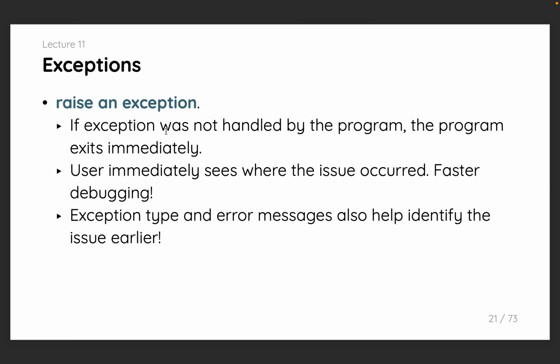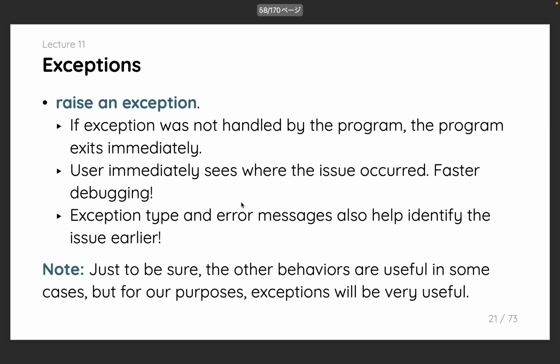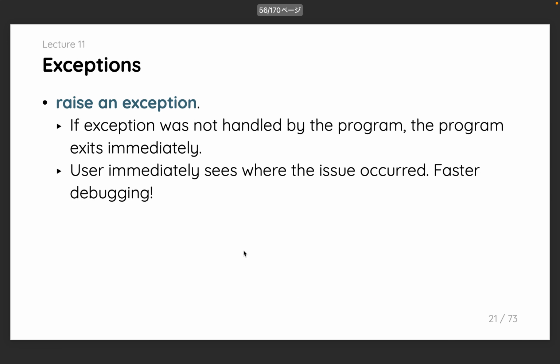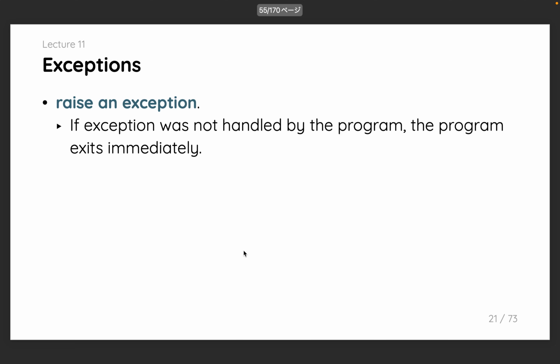And in addition to that, exceptions have a type. We've seen all the different kinds of exceptions a while ago. They also usually have a message attached to them, which can help us debug faster. So again, for our purposes in CS11, exceptions are going to be the most helpful out of all of these quote-unquote solutions.